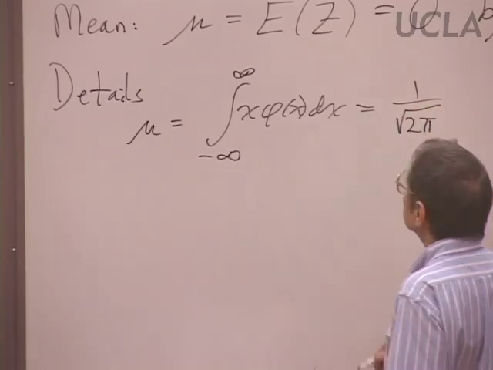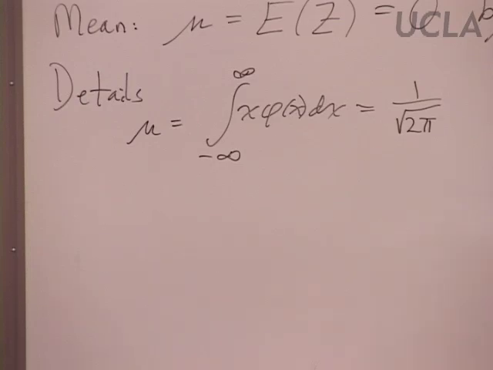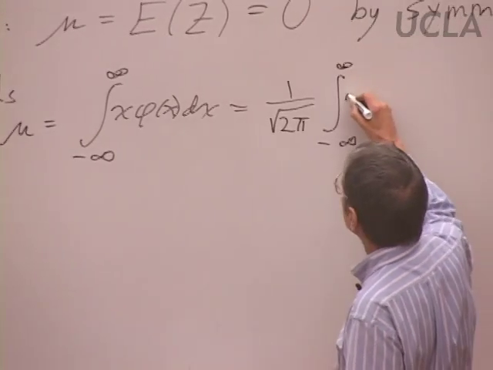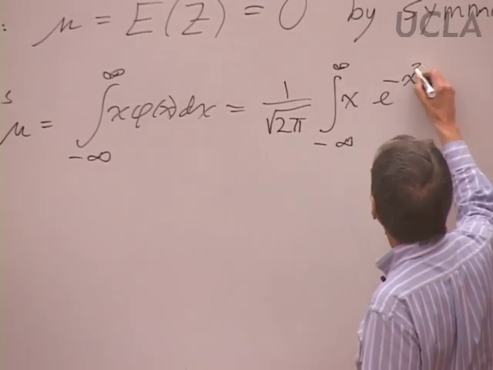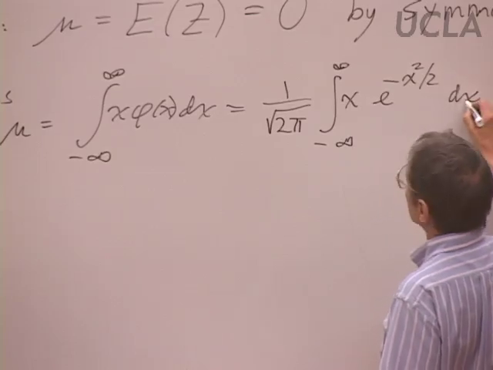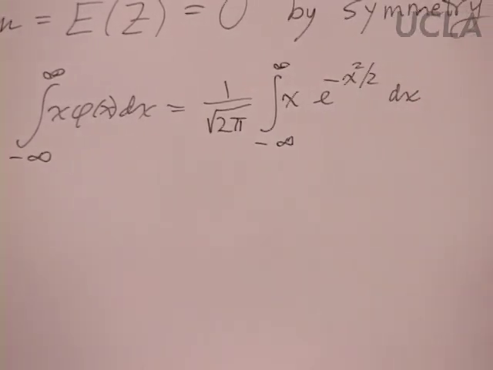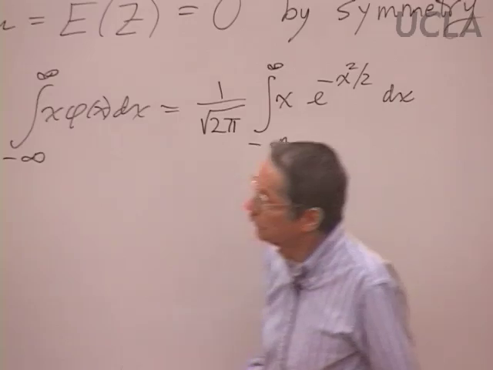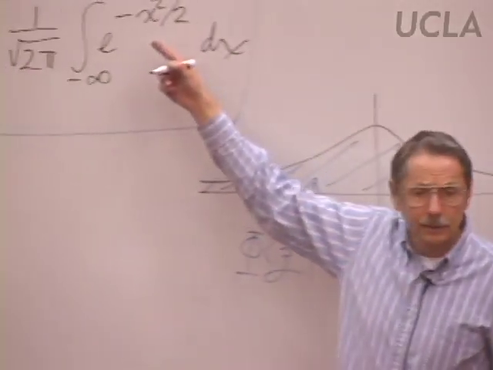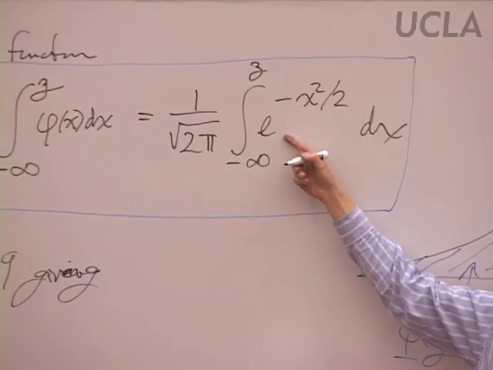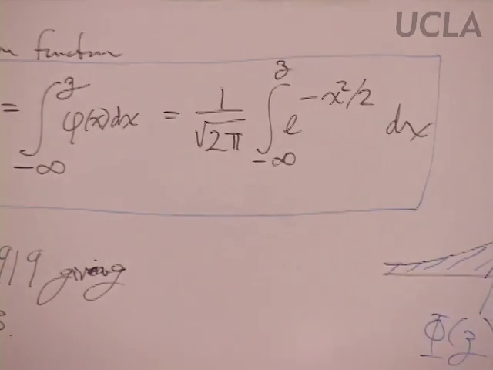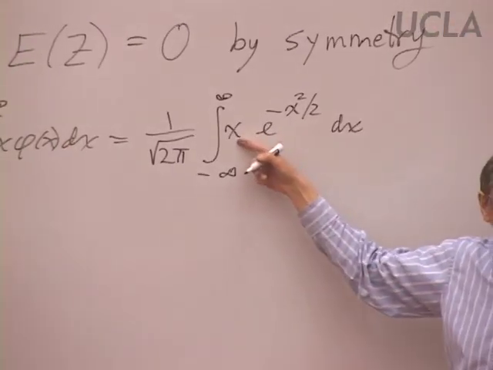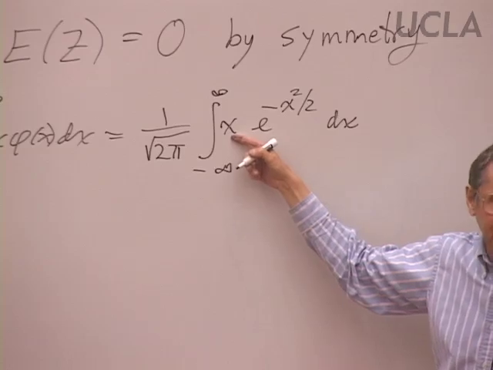Let's put the 1 over the square root of 2 pi out in front. And this is not so hard to integrate. I was just saying that it's hard to write down an antiderivative for e to the minus x squared over 2, but this is an entirely different situation because we've got that x there and there's a substitution staring us in the face.